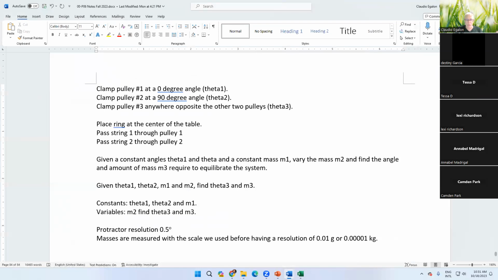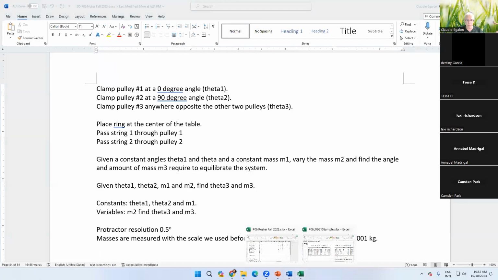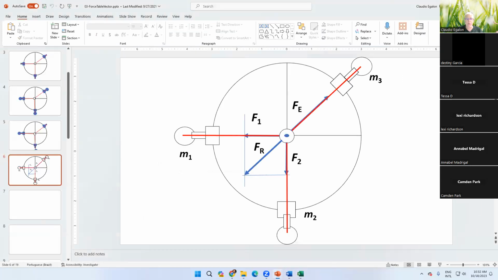And then what you have to do: because we have two masses at a right angle triangle. Right angle triangle, see that? This resultant mass is going to be given by the hypotenuse, the Pythagorean theorem.